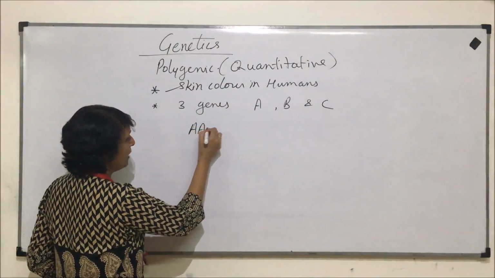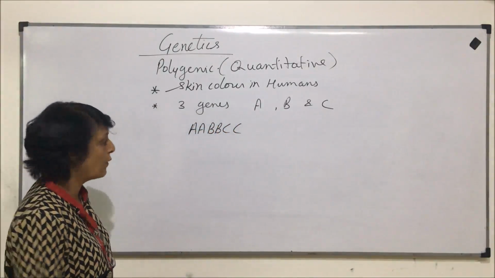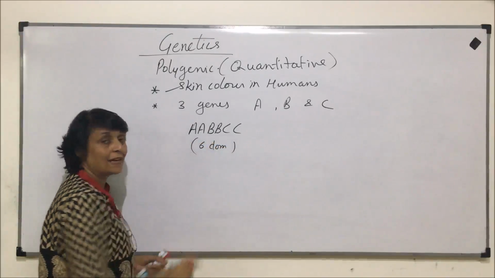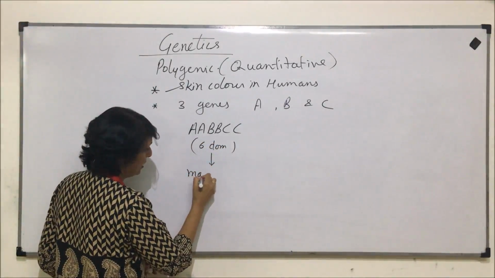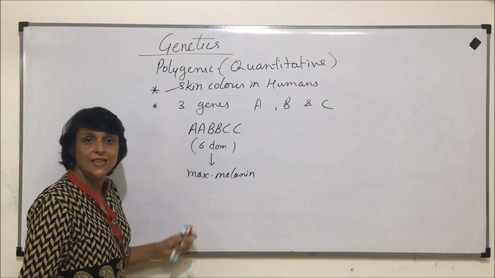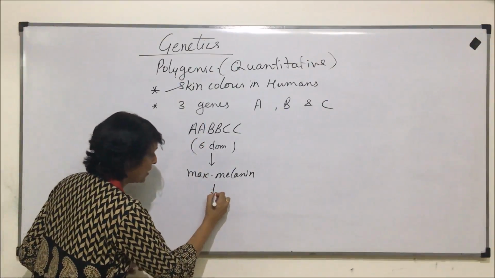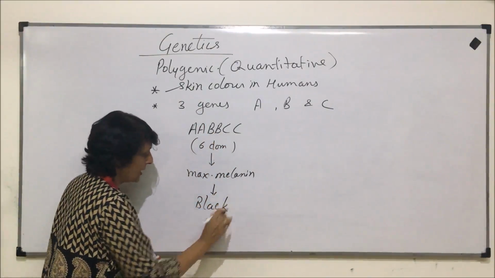If all 3 genes are present in their dominant form, that means all 6 are dominant, maximum melanin would be synthesized. So here maximum melanin production would take place, and the color of the skin is going to be darkest. So here we consider that skin color as black.